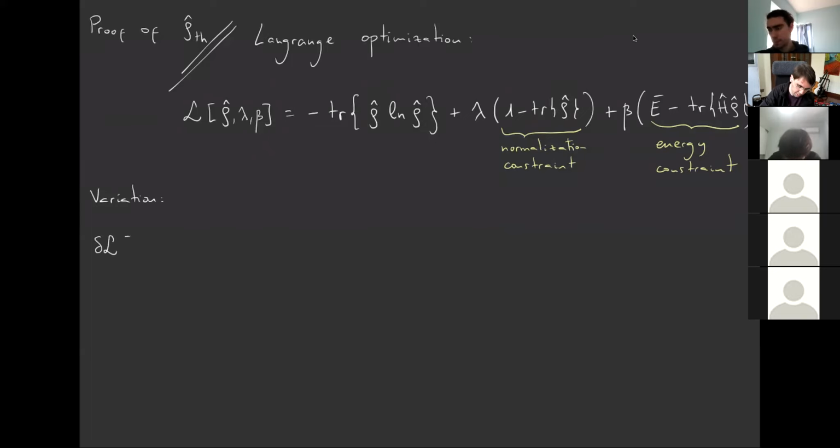We ask that the Lagrange functional, the variation with respect to the state, which is defined as the Lagrange functional when you do a variation of the state, delta rho, minus the Lagrange functional when you don't do the variation, is equal to 0.